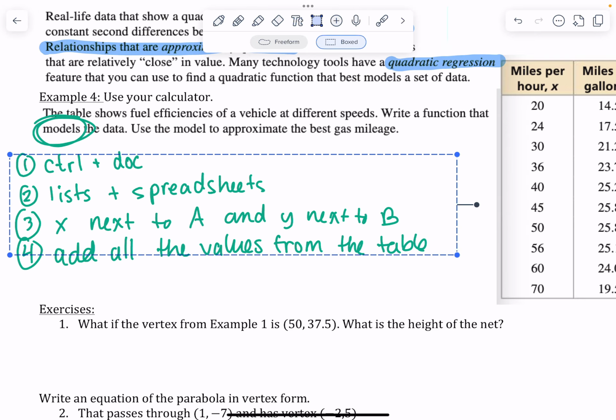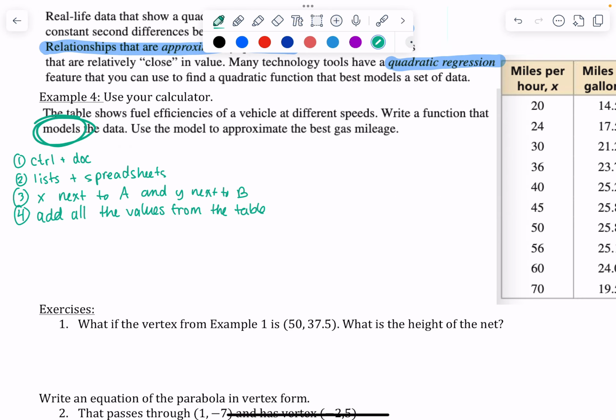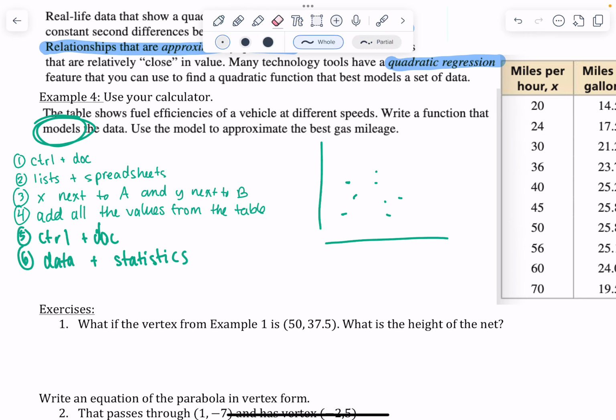Okay, then from there, you're going to do Control Dock again. But this time, you're going to click Data and Statistics. At which point, you're going to see a bunch of random points and what looks like a coordinate plane.